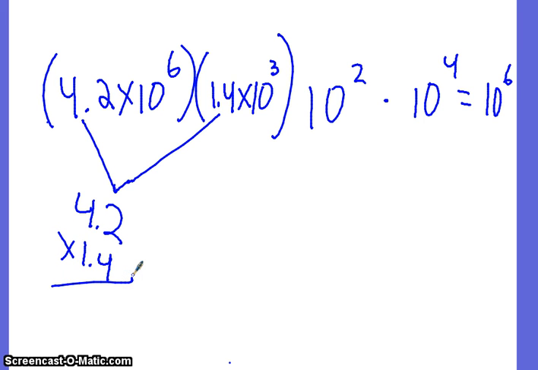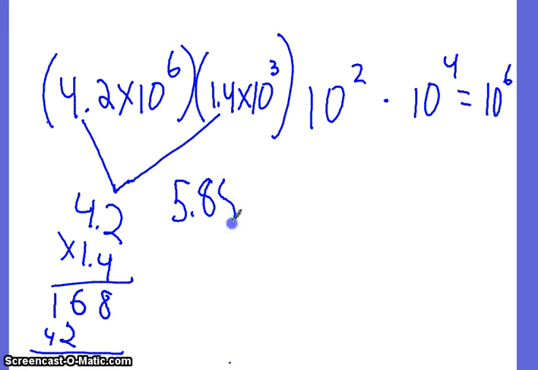Anybody know what that is? Solve it for me, please. 4.2 times 1.4. Very good. All right, so 5.88. Good.